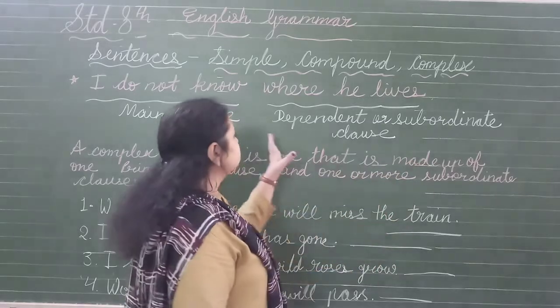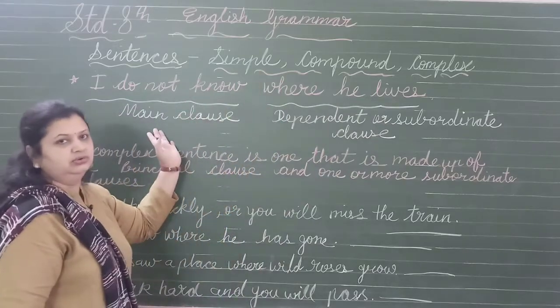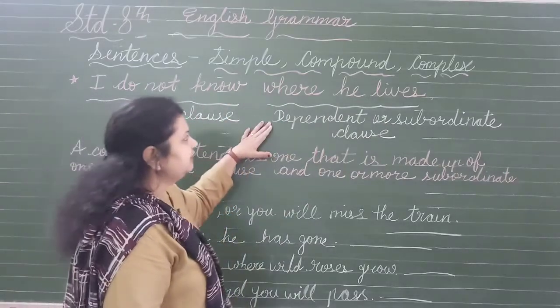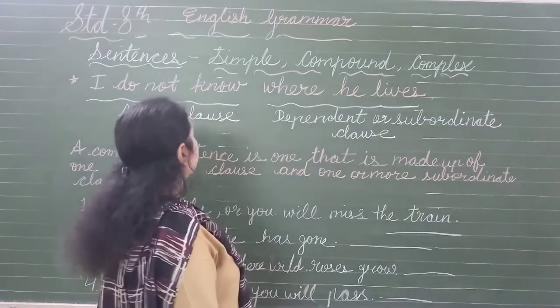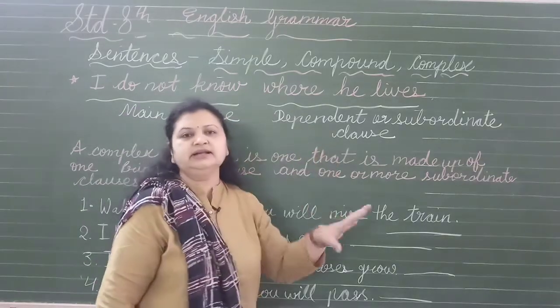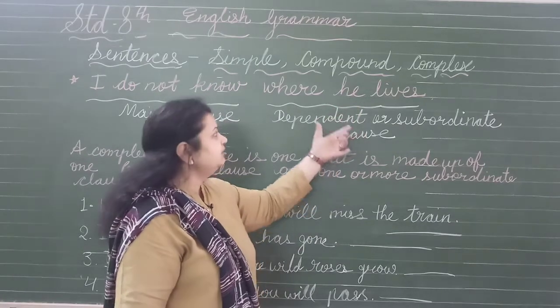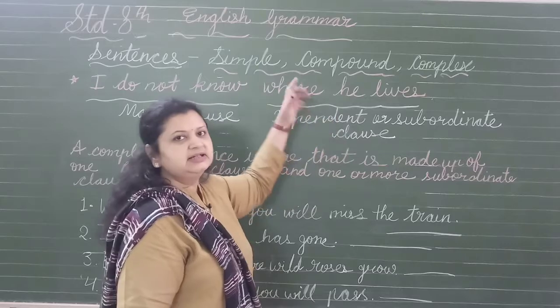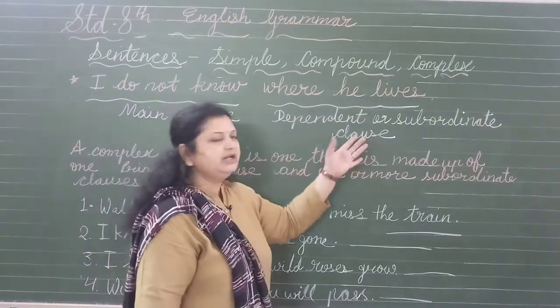That is why where he lives depends on the main clause, because if you read only where he lives, that is incomplete. But if I say I do not know where he lives, this makes complete sense. So when a clause depends on the main clause, that is called a subordinate clause.